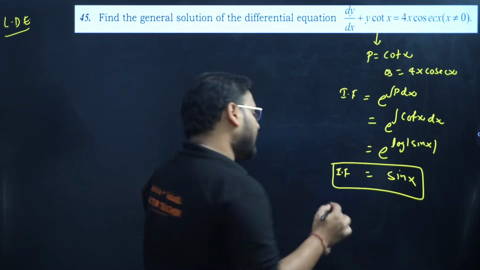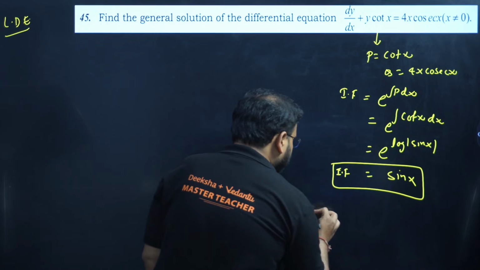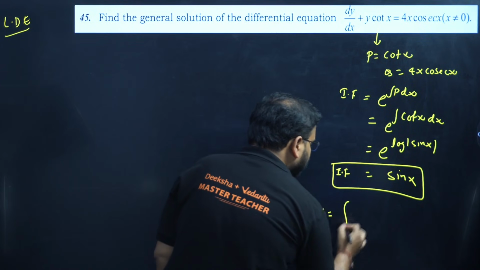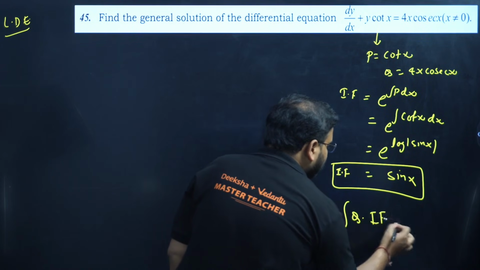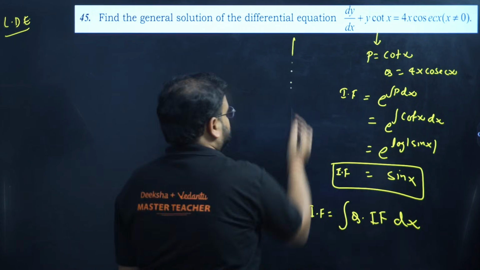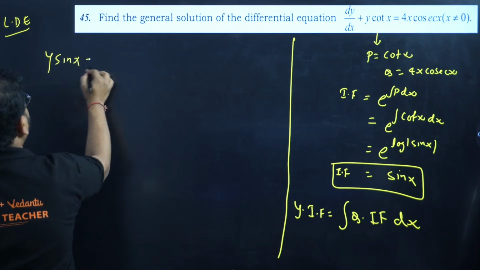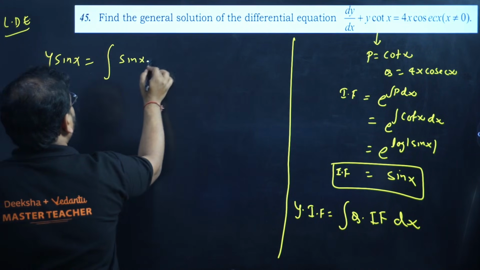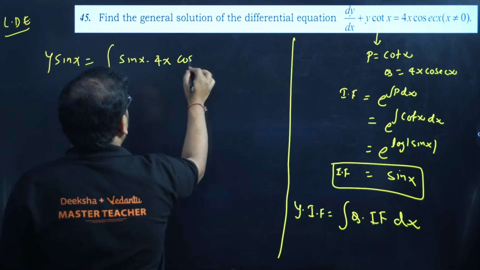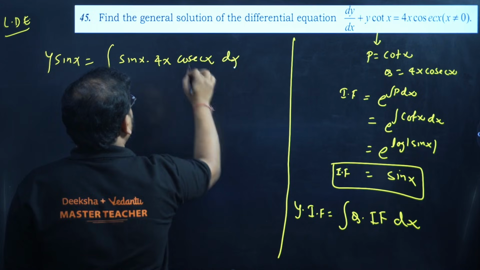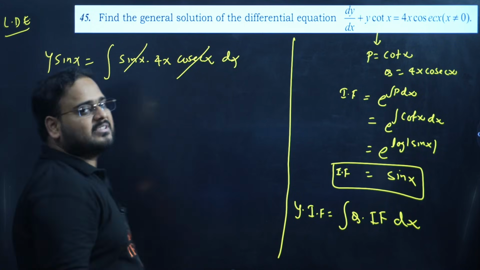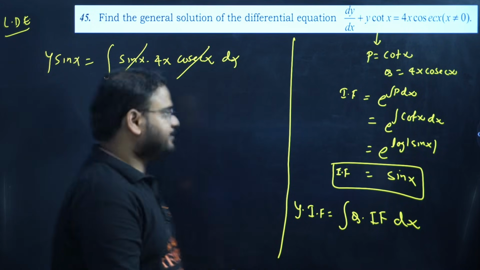Solution: the dependent variable y into the integrating factor equals integration of Q times IF dx. Substitute back the values. Y times sin x equals integration of sin x into 4x cosec x dx. Cosec and sin will cancel because they are reciprocal to each other.